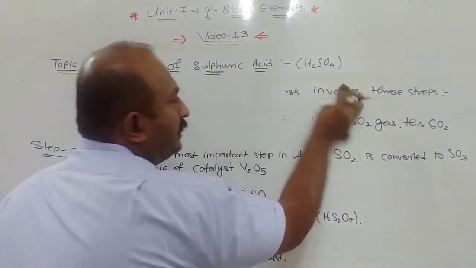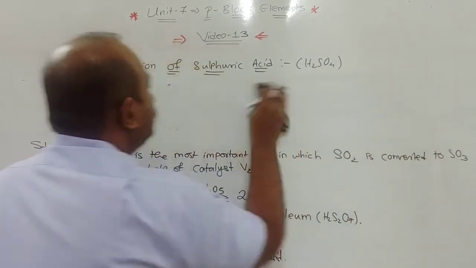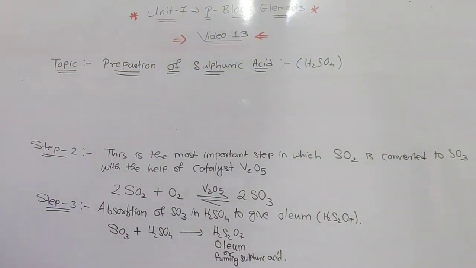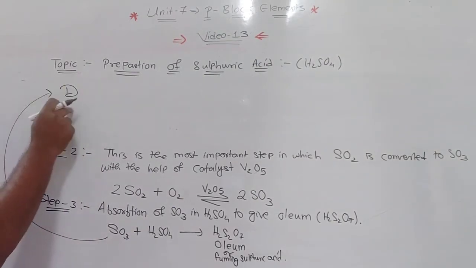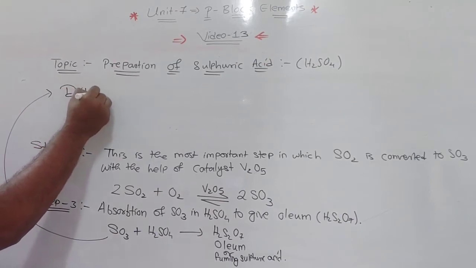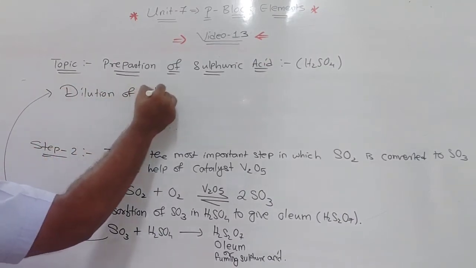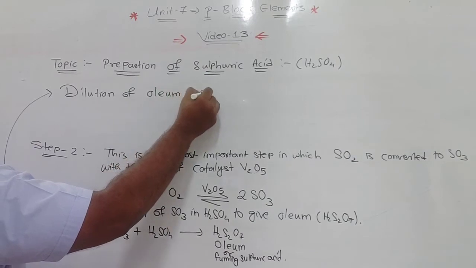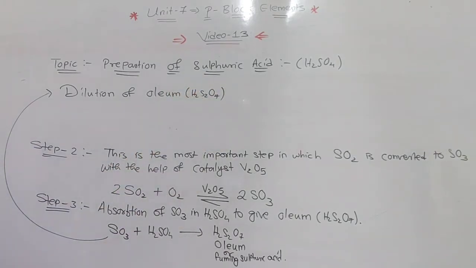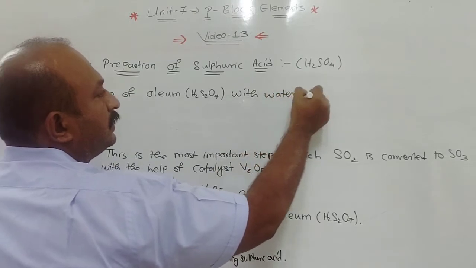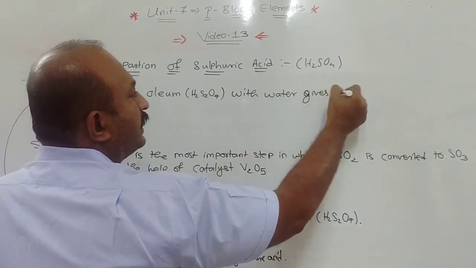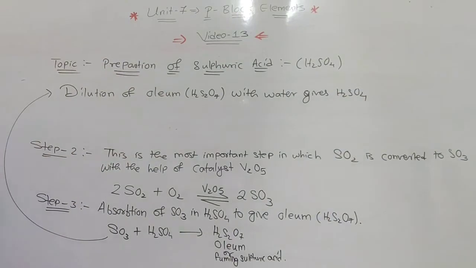So from this step 3, you can write down this point after step 3, that is dilution of oleum, H2S2O7, with water gives H2SO4. Understood?